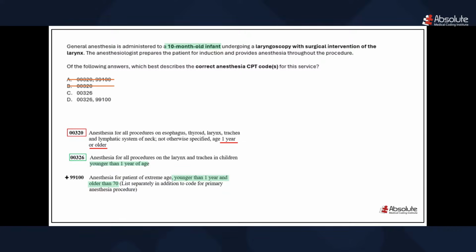This is for anesthesia for all procedures on larynx and trachea in children younger than 1 year of age. So you don't need an additional code to reemphasize that. Moreover, the parenthetical guideline states that you should not code this together with 99100. That makes option D incorrect, and the correct answer is going to be option C.